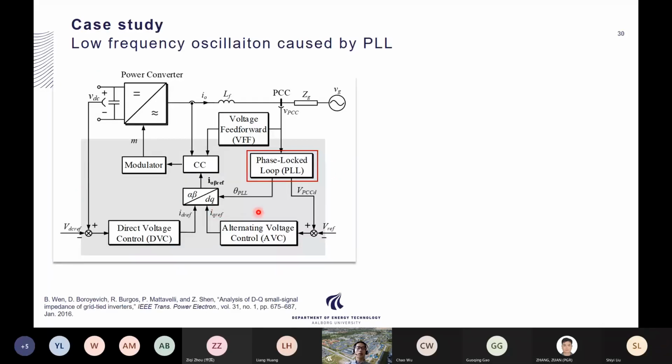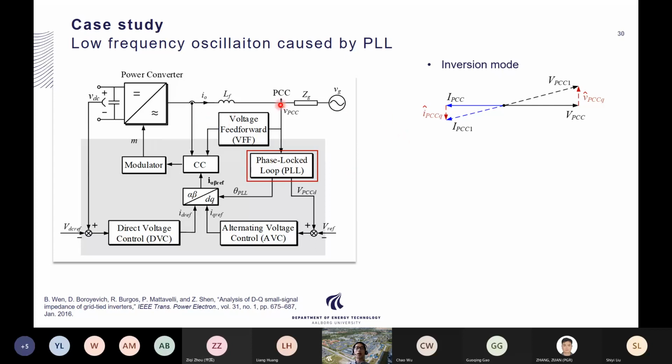Here, I just give you one typical case of the possible risk of system instability triggered by the phase lock loop of the wind power plant converter. For example, you know that the phase lock loop is used to synchronize the wind power plant converter with the power grid, and actually it will bring some dynamics and possible negative damping.